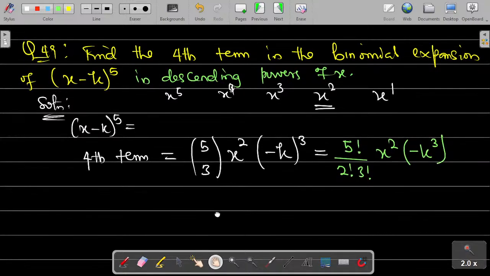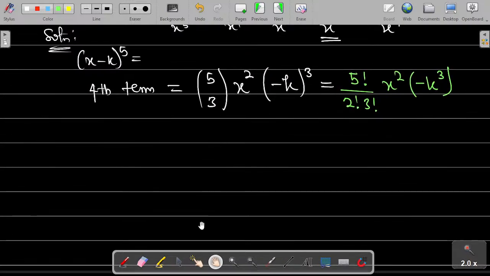All right, and then if we move this up, if we simplify this, we are going to get 5 times 4, then times 3 factorial. 3 factorial will cancel 3 factorial. So you just have 5 times 4, which is 20, all over 2, multiplied by x squared. Then this minus will come to the front. So you have the minus here, and then you have k raised to the power of 3.